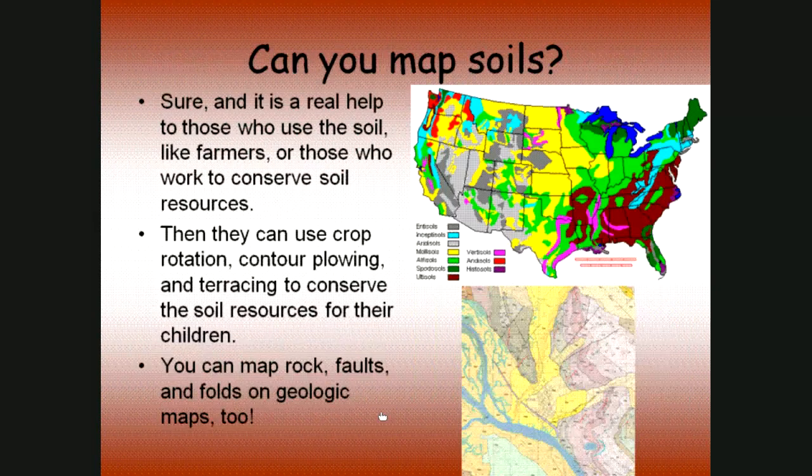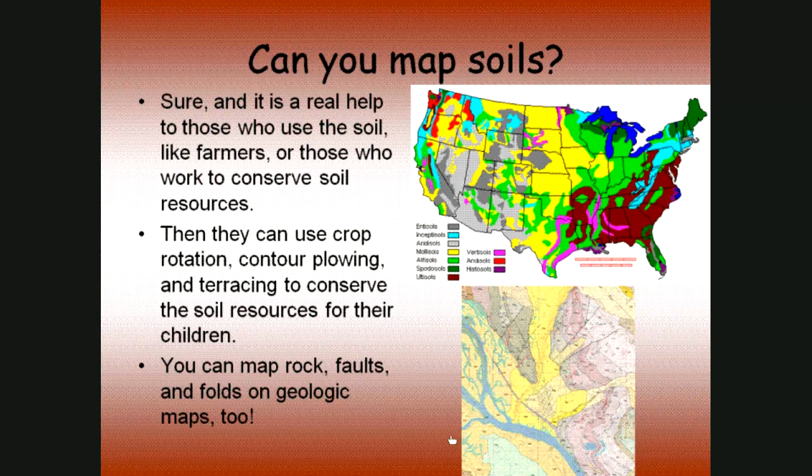Are they the only kinds of things that are mapped? Elevation? No, no, no. Certainly not. I mean, all of you have seen highway maps, right? In the gazetteers or in a road atlas, or even an old-fashioned highway map folded up in the glove compartment of your grandpa's car.